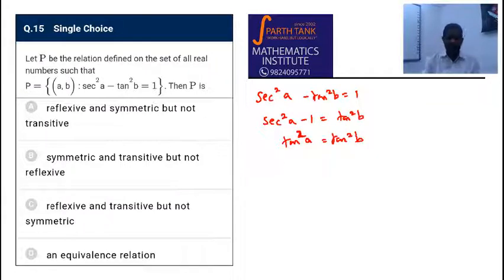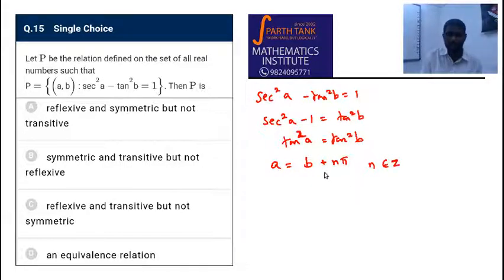Now, if this is equal, then what can you say? That A should be n pi plus B, right? Or B plus n pi, or it can be B minus n pi also, where n is an integer.